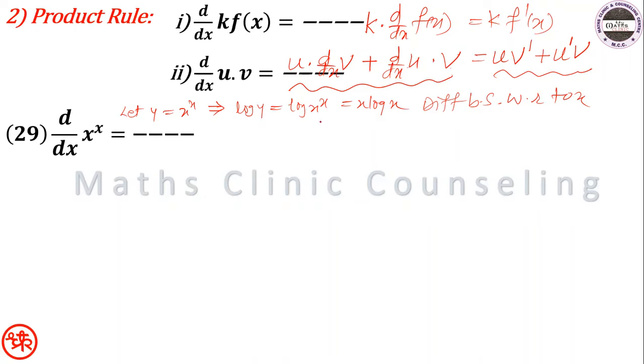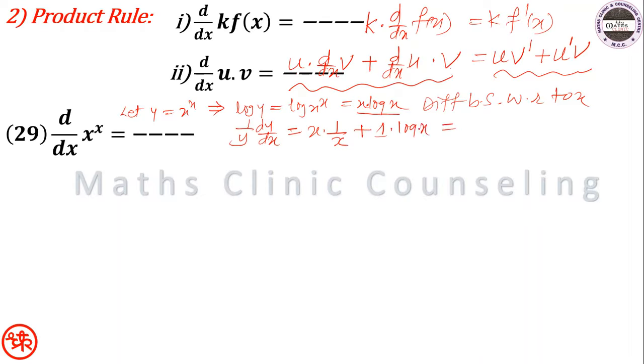तो आपको log y का डेरिवेटिव होगा 1 upon y into dy by dx, and now it is equal to x log x. प्रोडक्ट रूल लगाएंगे हम यहाँ पे, तो क्या आएगा x into log x का डेरिवेटिव 1 by x प्लस x का डेरिवेटिव 1 into log x.